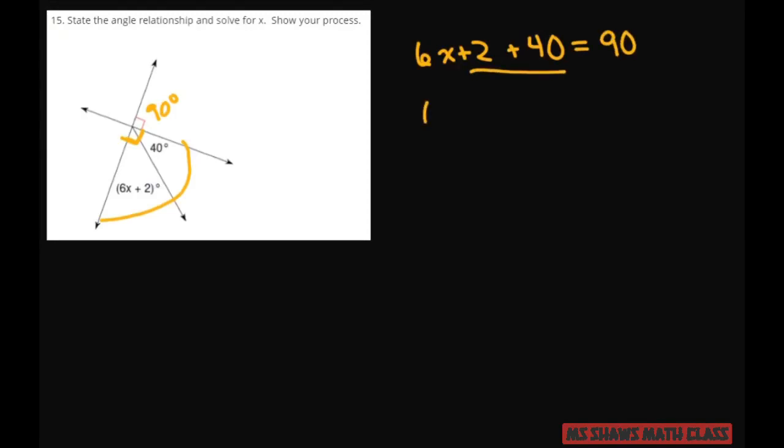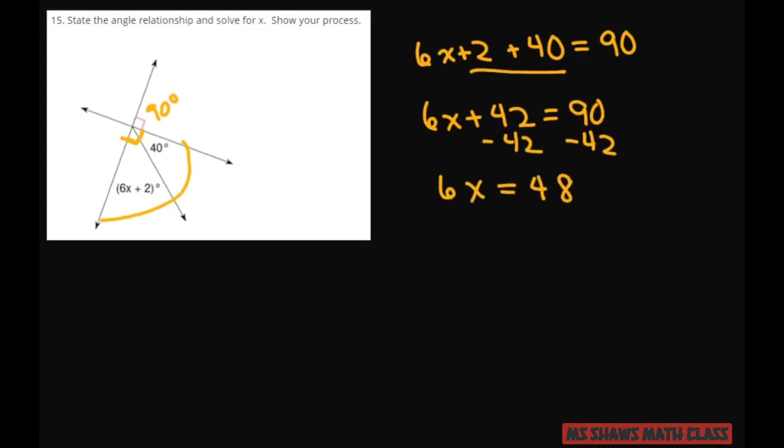So we get 6x plus 42 equals 90. Subtract 42 from both sides. You get 6x equals 48. And you divide both sides by 6. And then x equals 8.